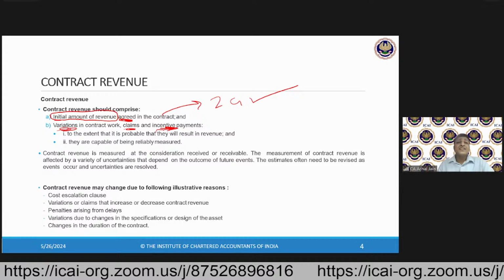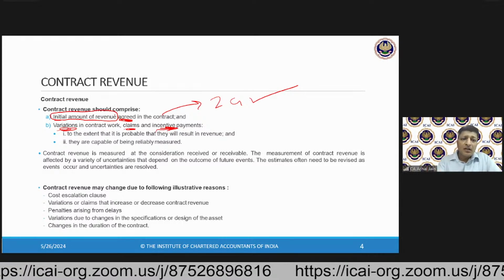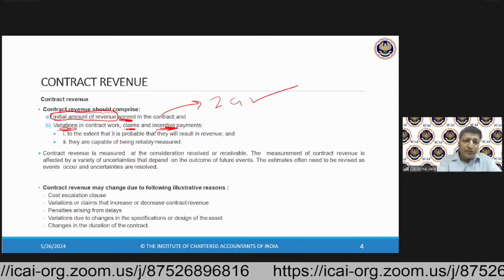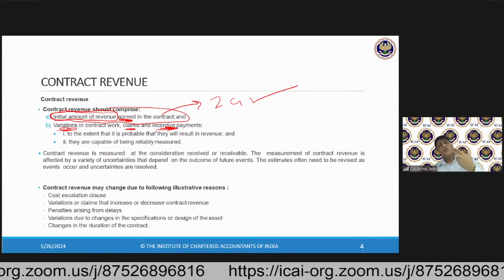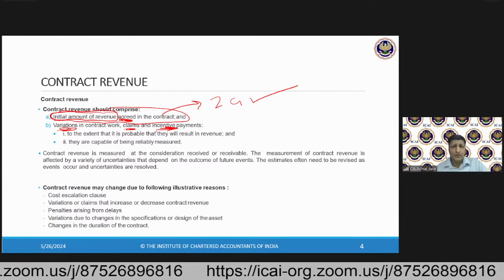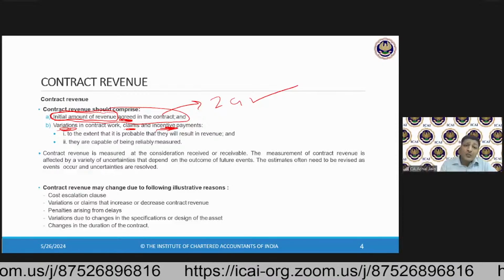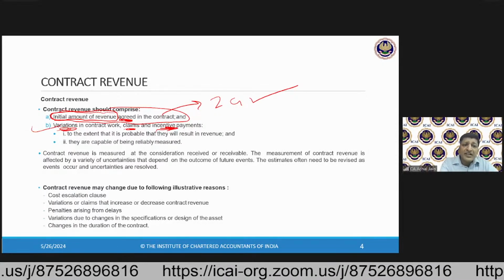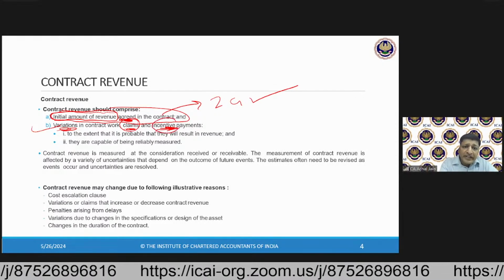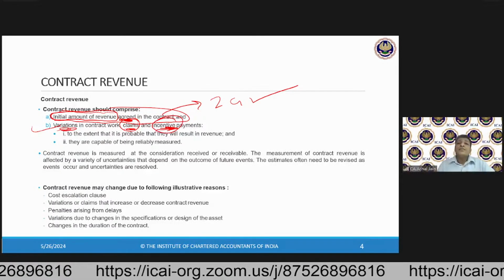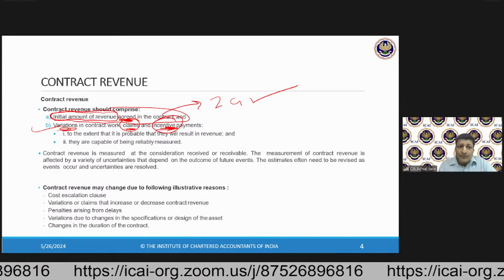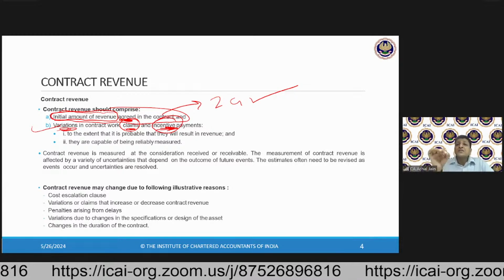Now, when it comes to the fixed or the agreed amount, which has been initially agreed, this will always form part of contract revenue. But when it comes to some of these components like variation, claims, incentives, these components will be recognized as revenue only when it is probable.